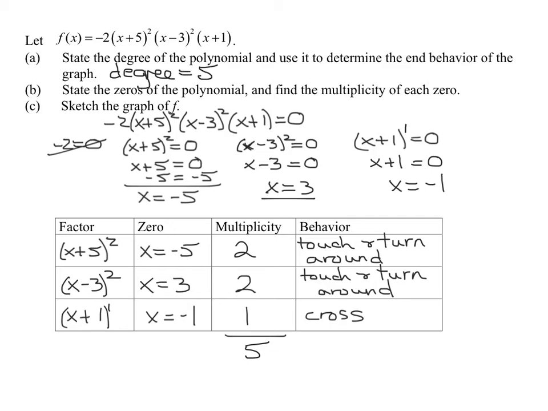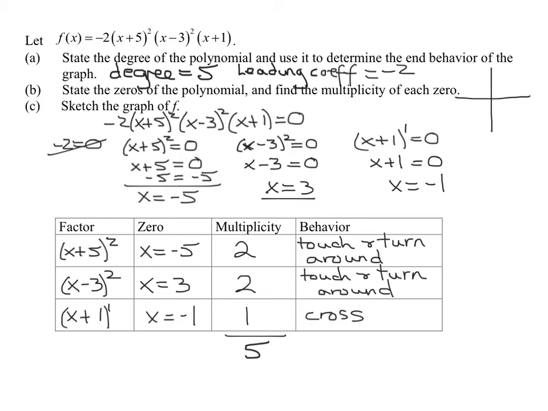And now we have to figure out the end behavior. Now remember, the end behavior is determined by the degree and the leading coefficient. Well, what is the leading coefficient for this polynomial? Here's the leading coefficient. It's negative 2. And when the degree is odd, it tells you that the opposite ends are going to point in opposite directions.